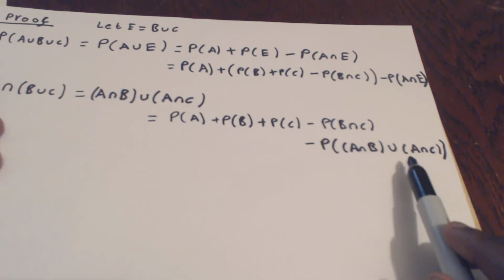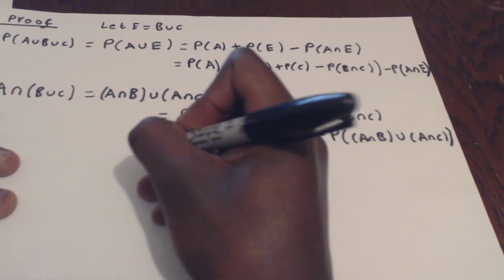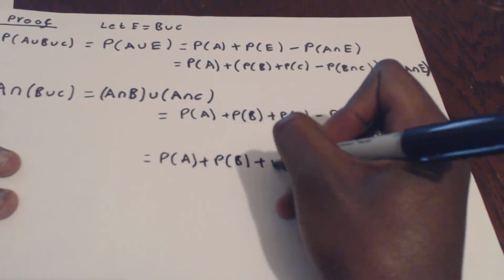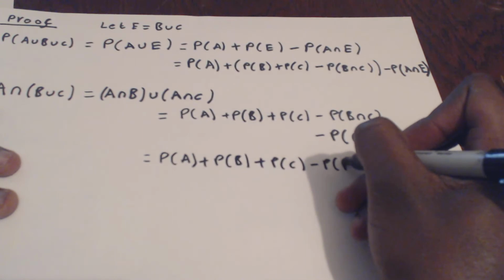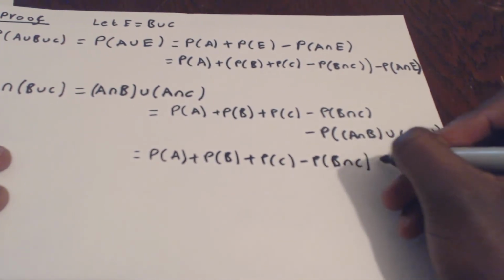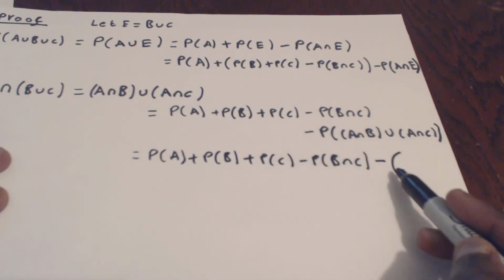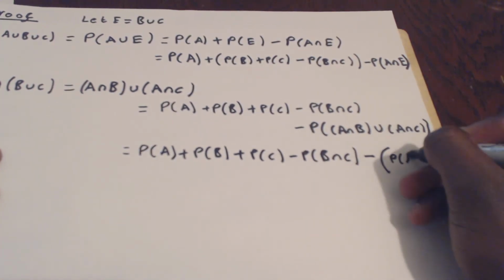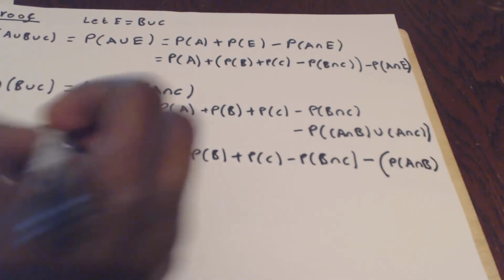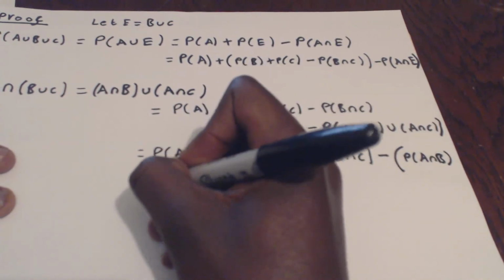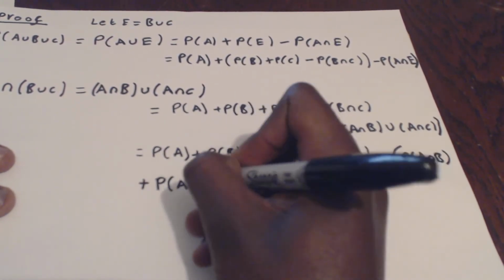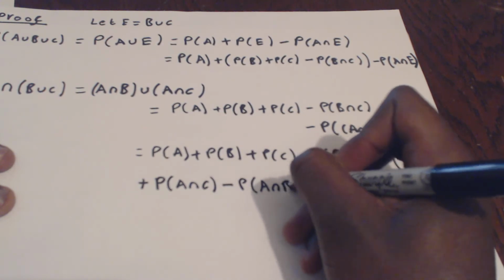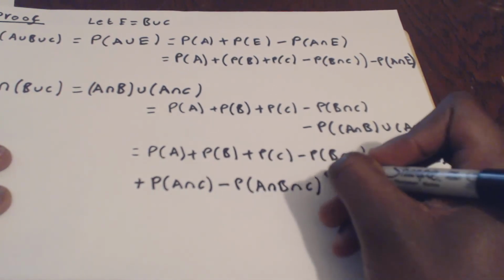So again, we'll have the probability of A plus the probability of B plus the probability of C minus the probability of B intersection C, minus, and I'll put a bracket here because the minus applies to everything, the probability of A and B plus the probability of A and C, and then minus the probability of A intersection B intersection C. Hopefully this is clear.